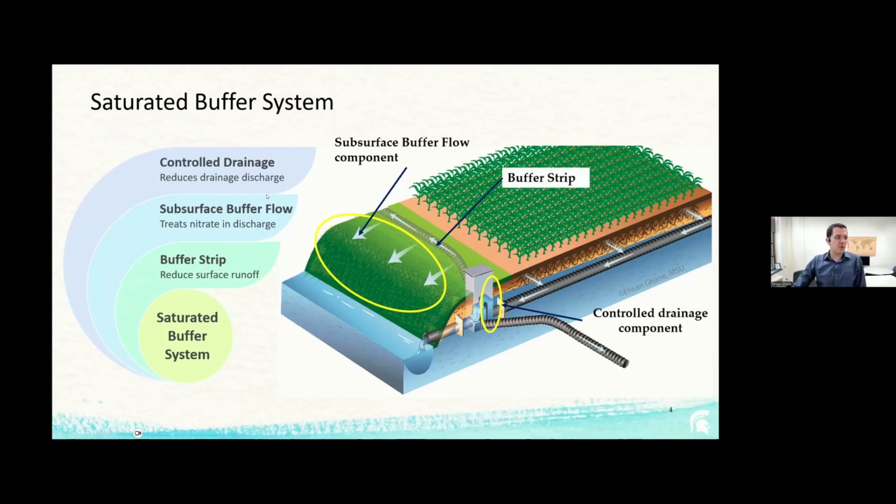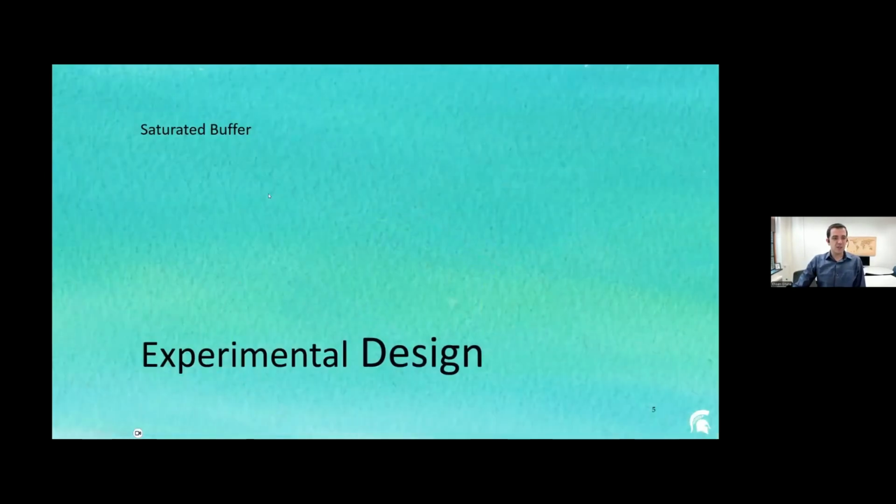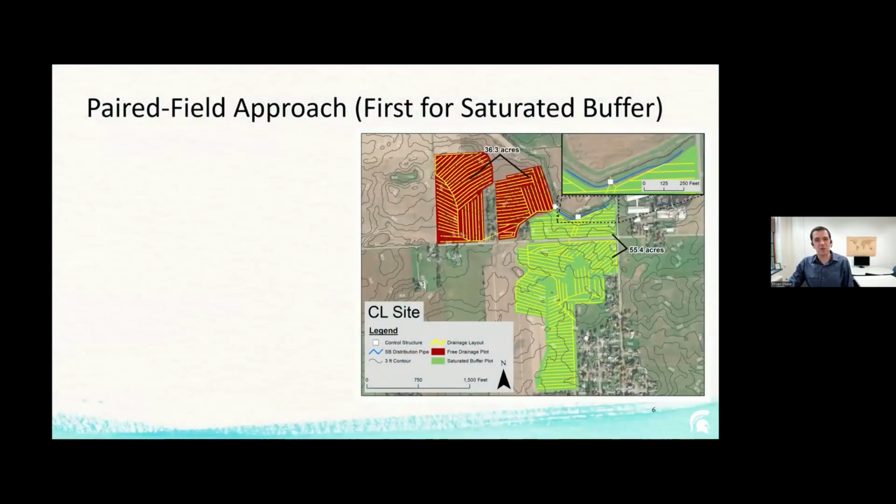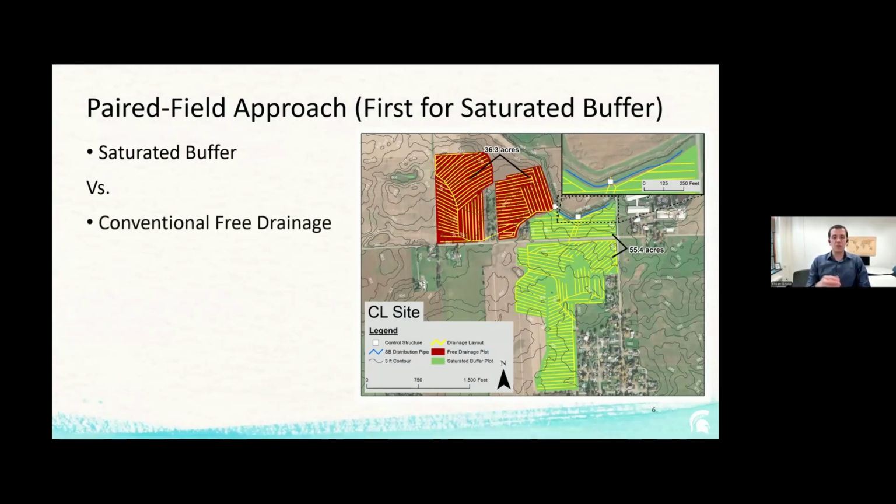So now that we know the saturated buffer system, let's look at our experimental design. Very simply put, we were able to use a paired field approach. What does that mean in simple terms? We compared a saturated buffer system versus a conventional free drainage system.